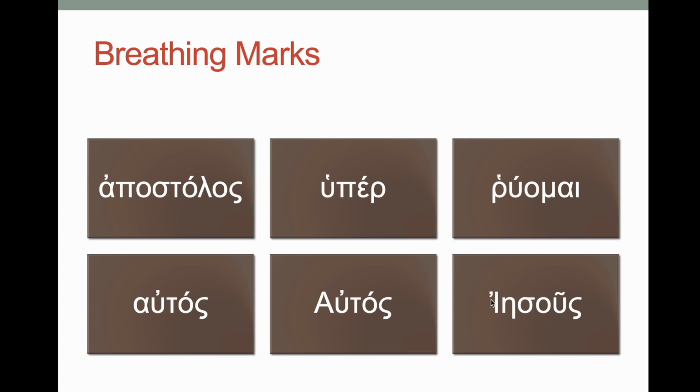Well, the breathing mark then is not above the letter, it's in front of. So that's what happens when you capitalize that initial vowel in your word. So this is pronounced Jesus, Jesus. You could also put kind of a y sound to Jesus, Jesus, because this is a unique example.